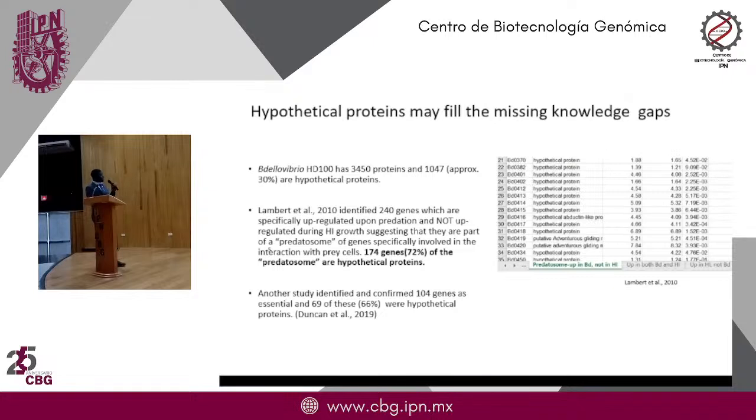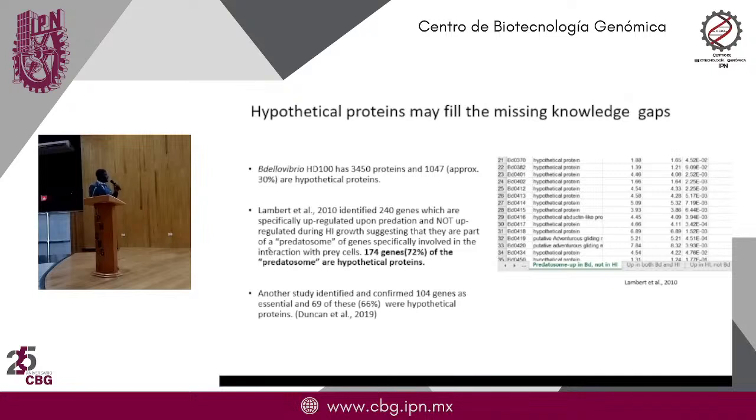A study in 2010 identified 240 genes in Bdellovibrio which are expressed at the phase when Bdellovibrio was specifically entering the prey cells. And surprisingly, out of these 240 genes, 174 of these genes, that's about 72%, are hypothetical proteins. So it's an argument that our reason for the lack of understanding of the molecular mechanisms is justified.